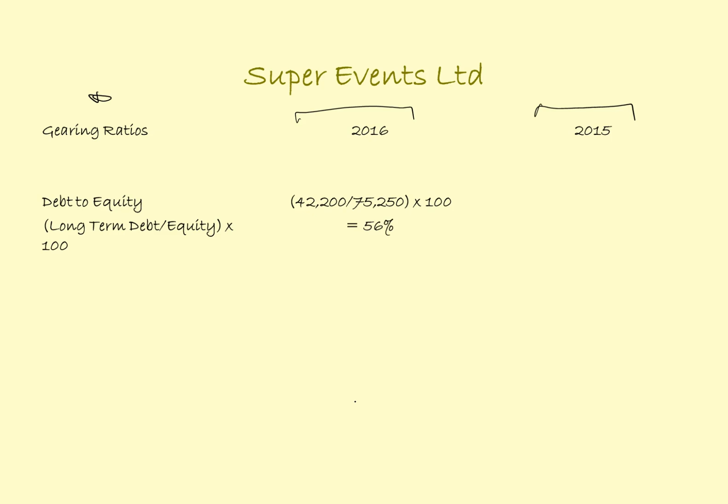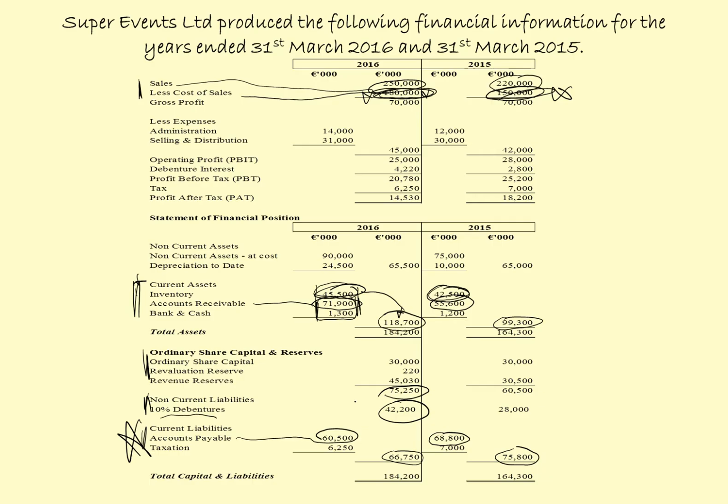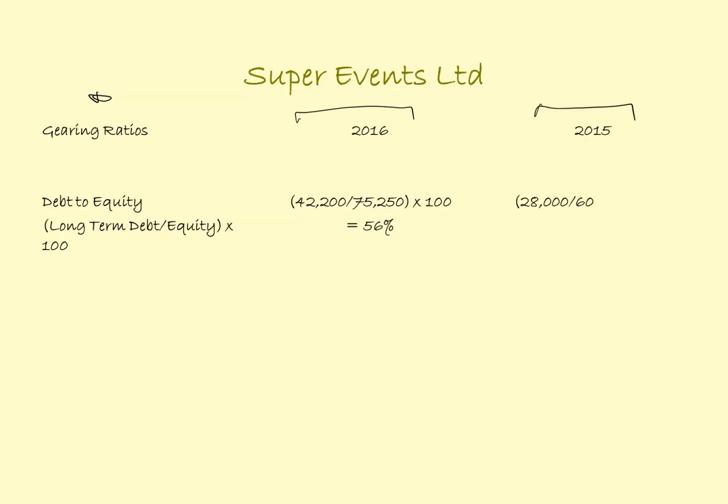And then the previous year comparison, let's go back here then, we have the debentures 28,000 and the equity 60,500. So popping those in there, multiply by 100 because it will be expressed as a percentage, and we have 46%.